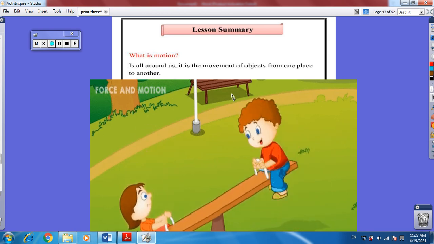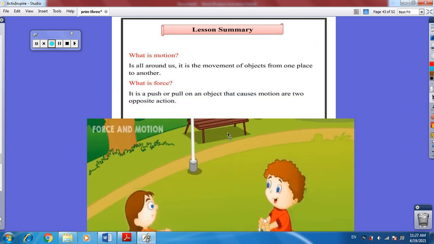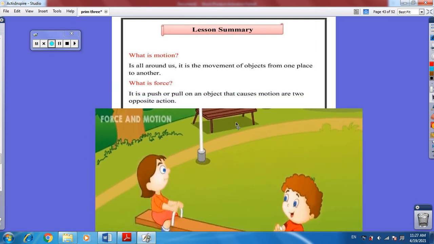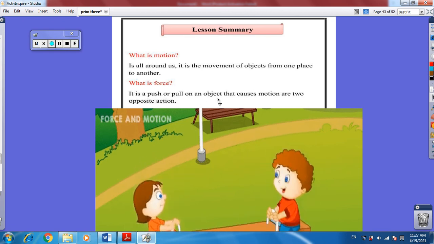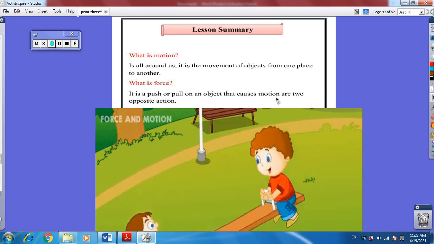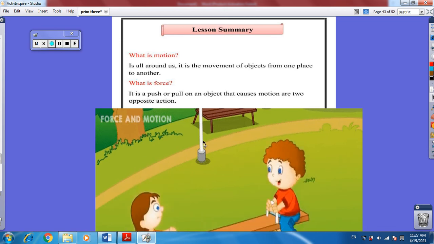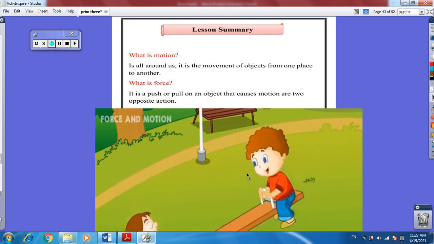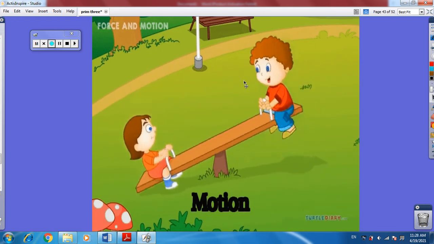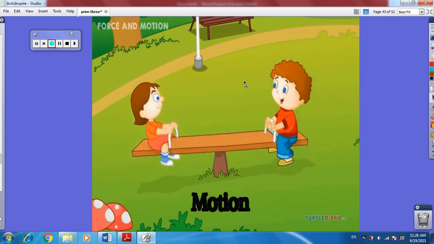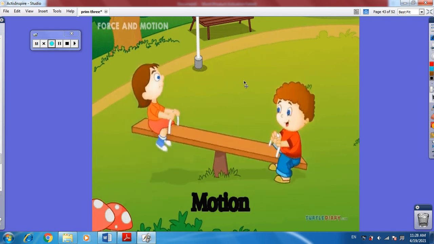Okay? And we do something also. What is force? Force in this picture is the push or pull on an object that causes motion, or two opposite actions. In the picture in front of you, the boy and the girl play on the seesaw. One moves up and one moves down.